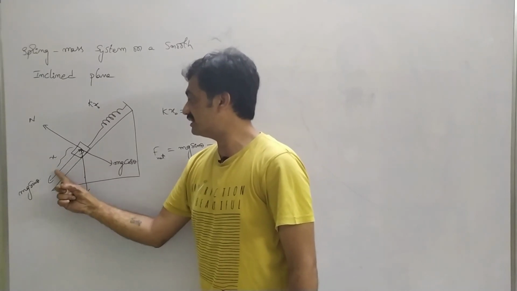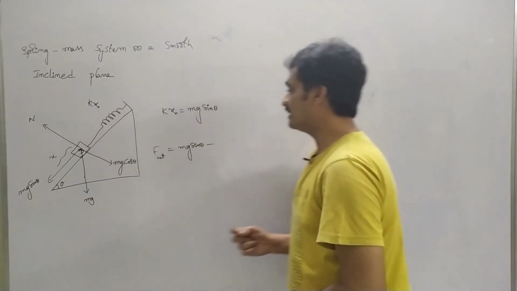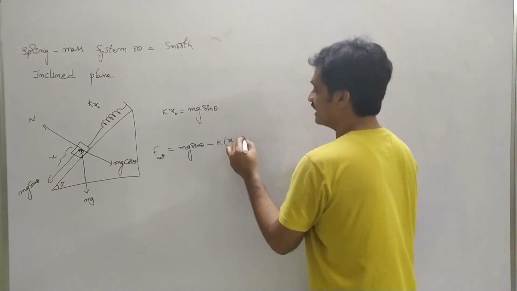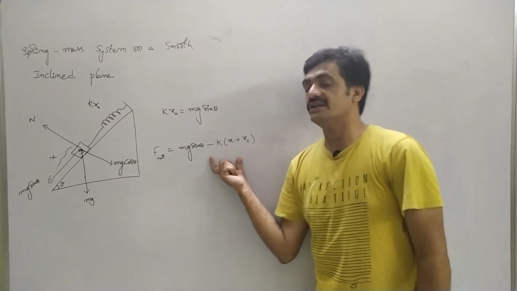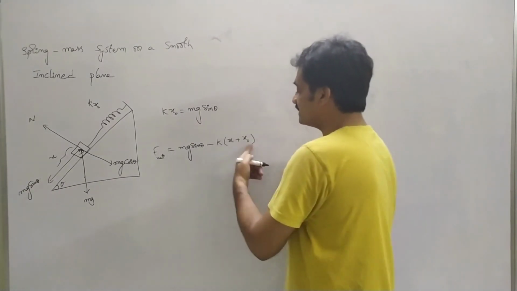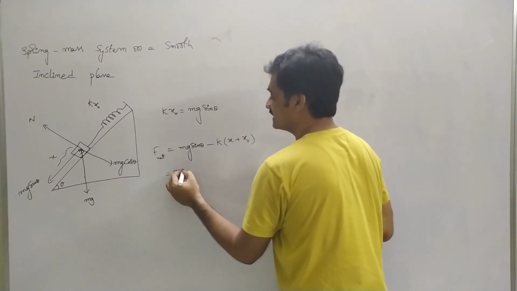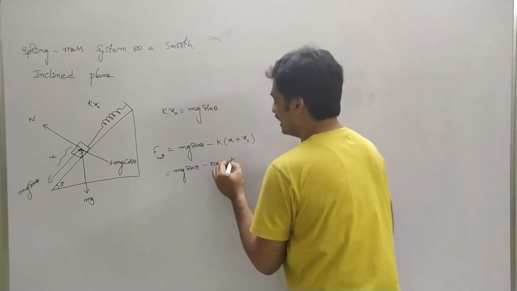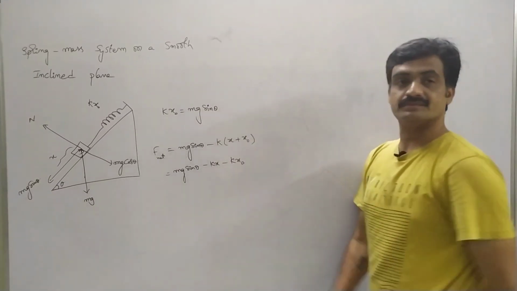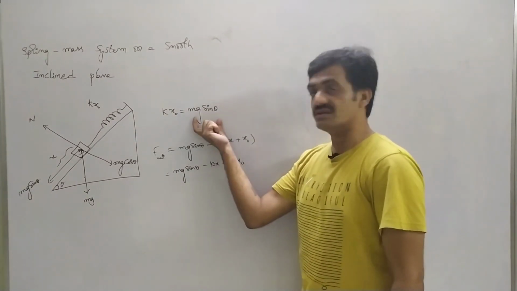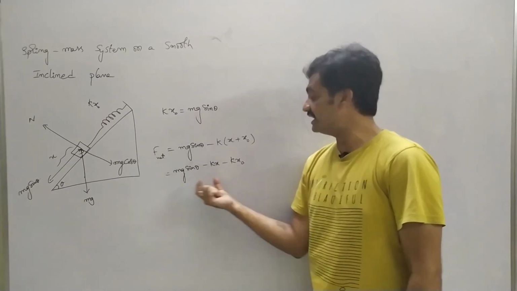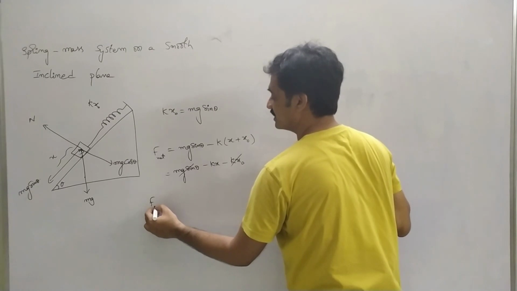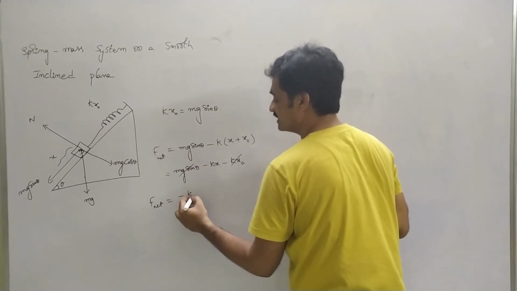Later on, by pulling the body in the downward direction, the additional displacement is x. So as we split this, we have mg sin theta minus kx minus kx naught. But observe that kx naught equals mg sin theta. So these two get cancelled and we have the net force F net is equals to minus kx.